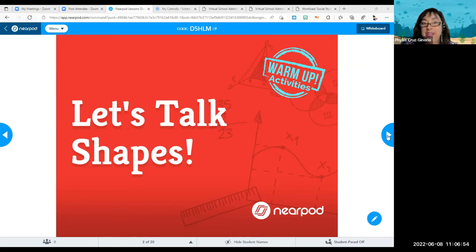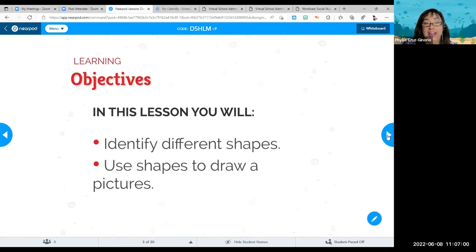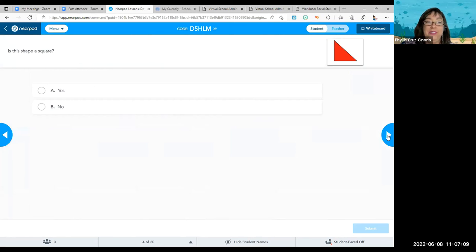That's a hard word, but it's a fun word to say, attributes, or you can also call them properties. All right, guys, what are we going to do? We're going to identify the different 2D flat shapes, and we're going to use shapes to draw pictures. Okay, so first question, is this shape a square? What do you guys think?